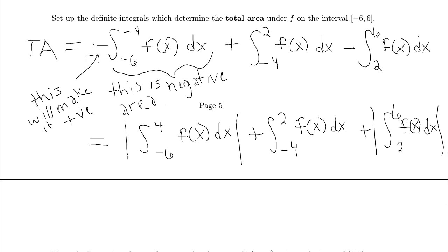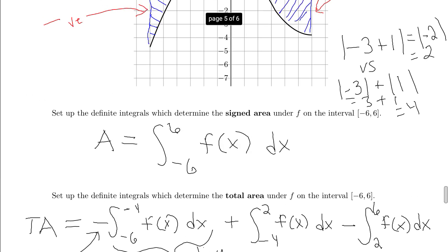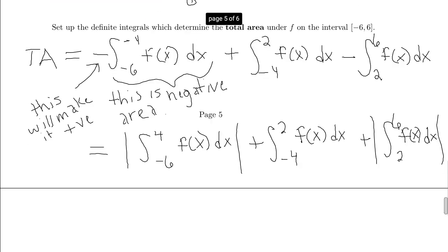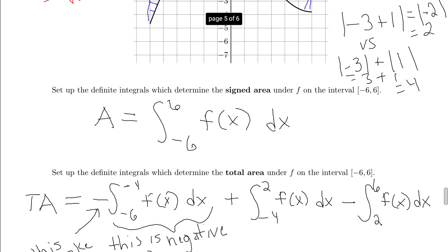What is not the same thing, and that's what I wrote above here, is taking the absolute value of the entire thing versus taking the absolute value separately. So you do need to break it up into the parts where it's crossing the x-axis, the 3 parts in this example. You can't just take the absolute value of the area that's written here, from negative 6 to 6.